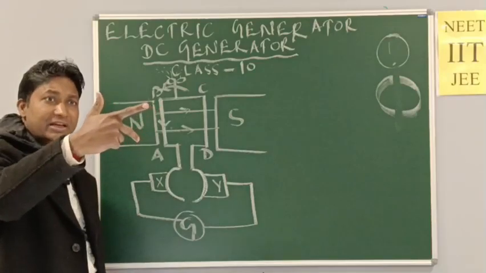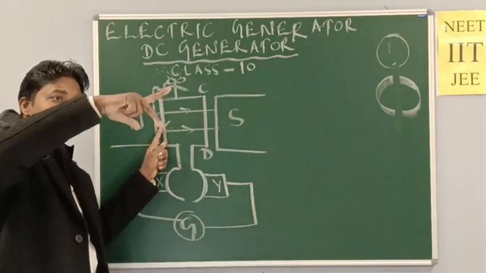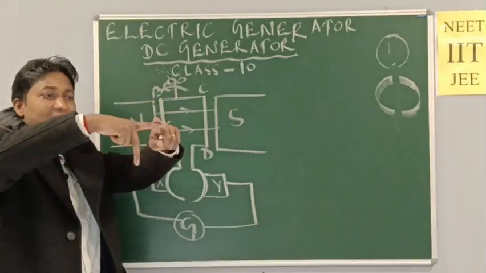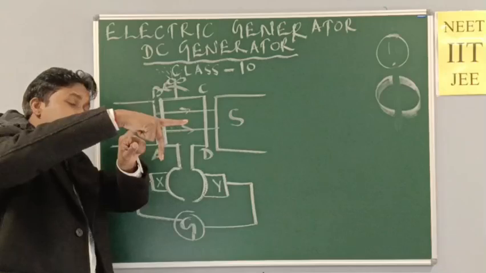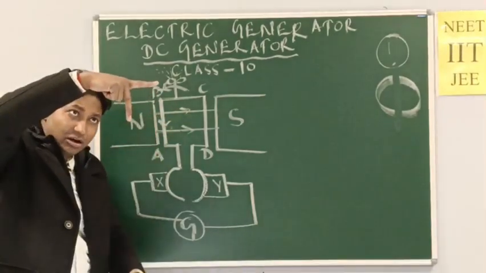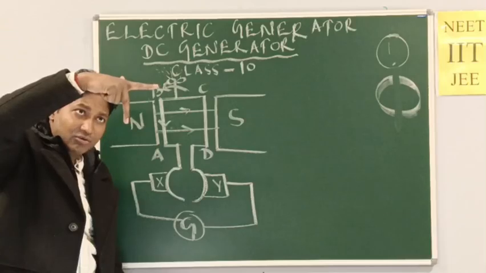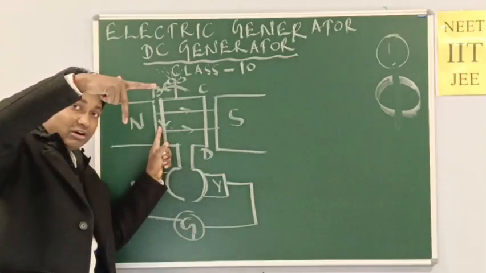Make it like this. This is anti-clockwise rotation. That is why we make it like this. This is the magnetic field, and the conductor goes inside. The central finger points downward, that is why I make the arrow downward.